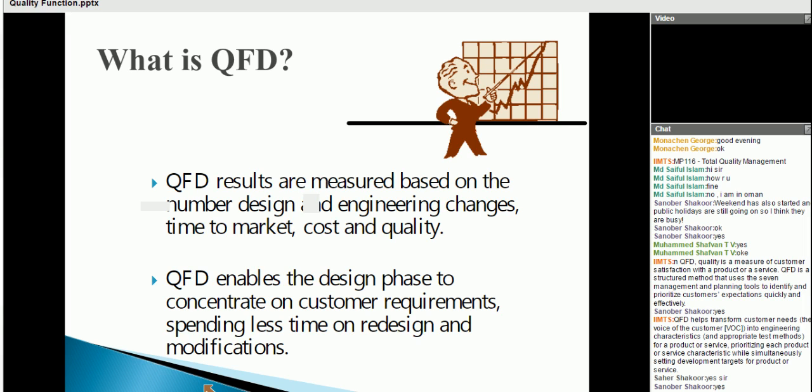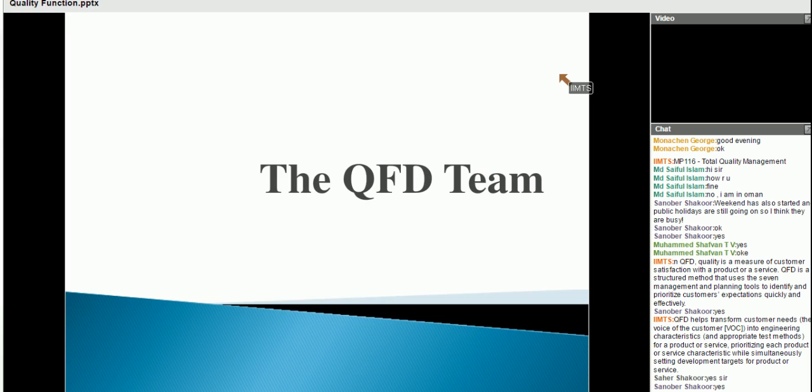So when you are working to find what you need to accomplish to satisfy or even delight your customers, the tool of choice is QFD, quality function deployment. Okay, let's proceed. Now let's see what all things are there in a QFD team.